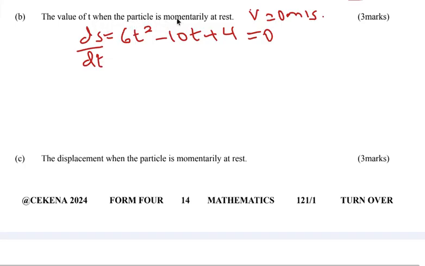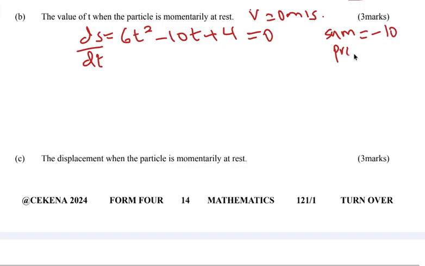The particle is at rest when the velocity is equal to 0, so you equate this function to 0. So hii tayari ushaona ni quadratic equation. So we'll answer using sum product, ama waweza kuanswer using quadratic formula or completing square.